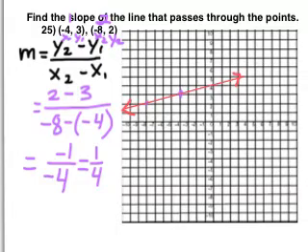And notice that it goes up 1 and it runs 4. And it does that all along. So if you start at this point, you go up 1, over 4: 1, 2, 3, 4. You're back on the line again. And if you did it the opposite way, a negative 1, from here down 1 and back 4, 1, 2, 3, 4, you're back on the line.